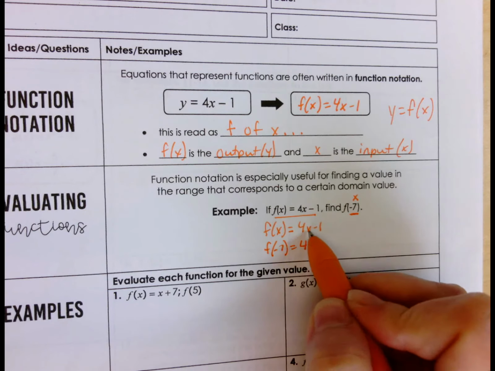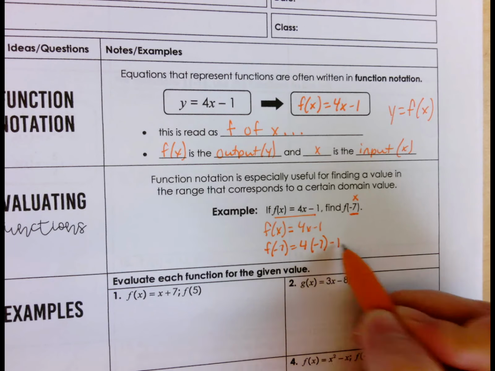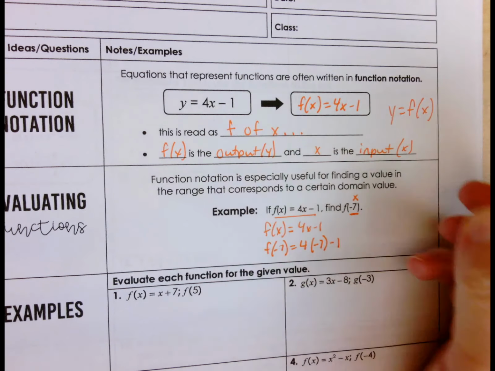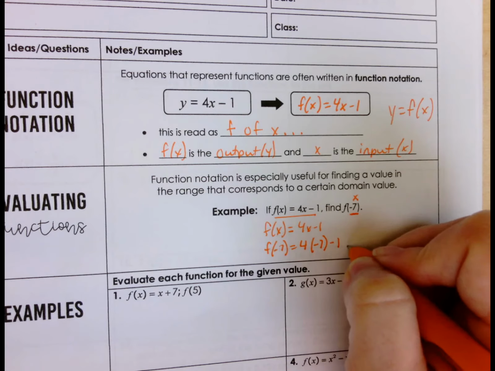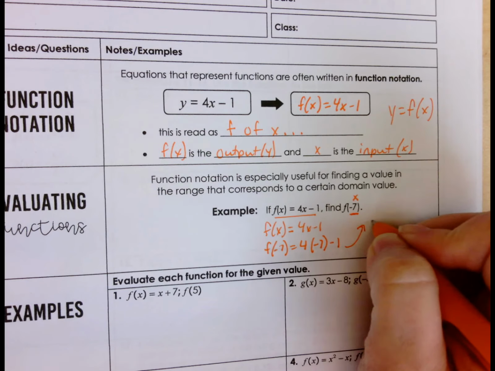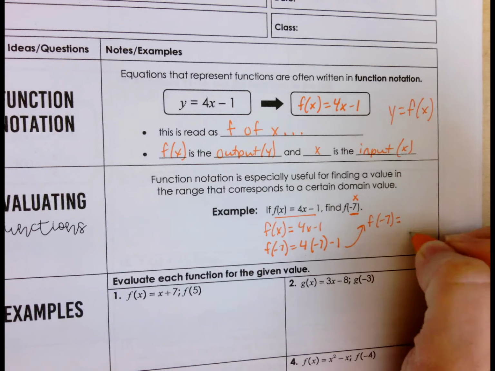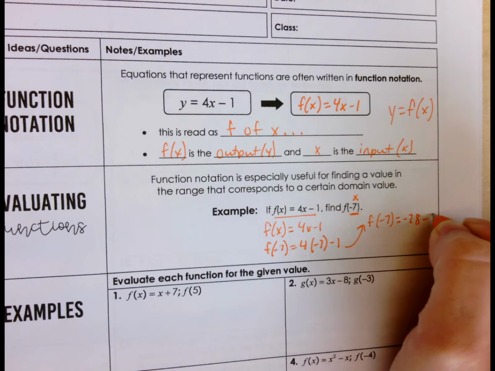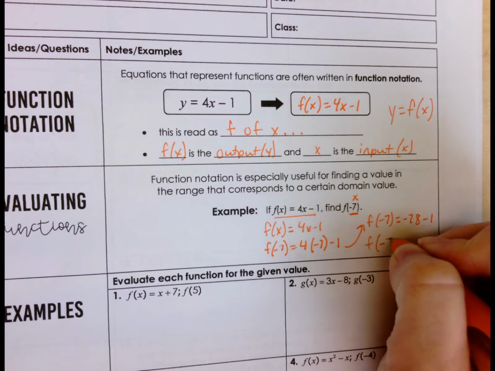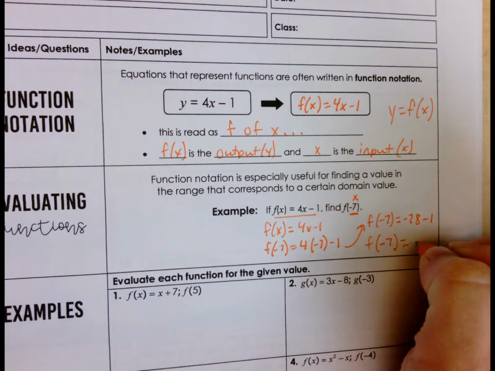So now we're going to take that x and plug in negative 7 in place of it. And then we're going to solve. So f of negative 7 is equal to 4 times negative 7, which is negative 28, minus 1. And so f of negative 7 is equal to negative 29.